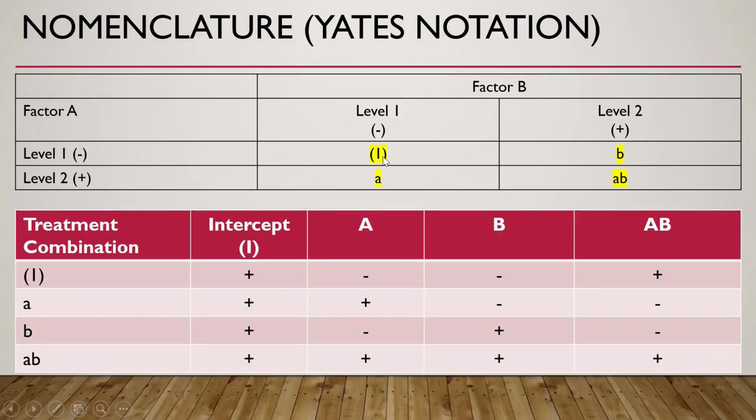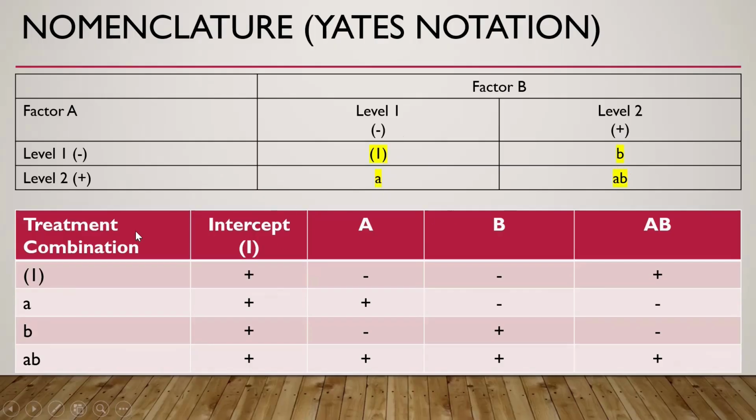This is known as intercept. In this cell, we have level 2 of B factor and level 1 of A factor. In this cell, we have level 2 of A factor and level 1 of B factor. In this, we have level 2 of B factor and level 2 of A factor. So this cell is the interaction cell.